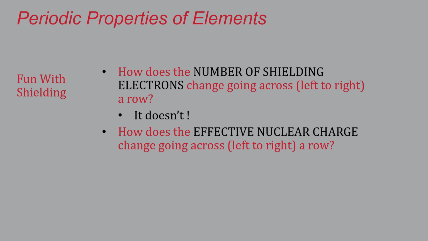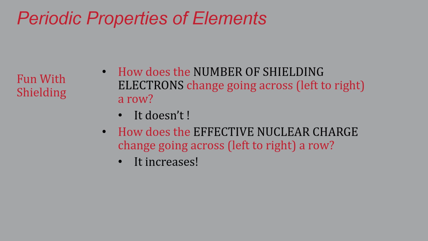So the next question is, how does the effective nuclear charge change going left to right across the row? And the answer to that first question is part of this, so think about it for a sec. And the answer is it continually goes up.